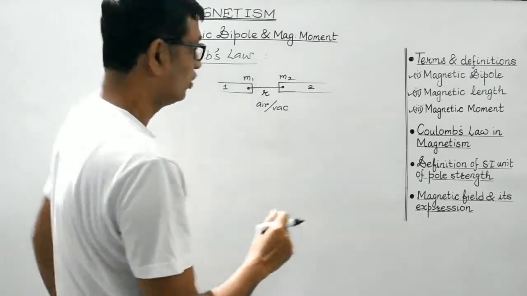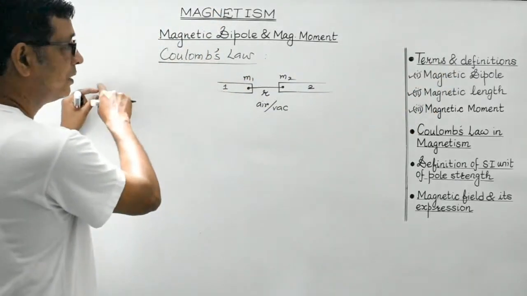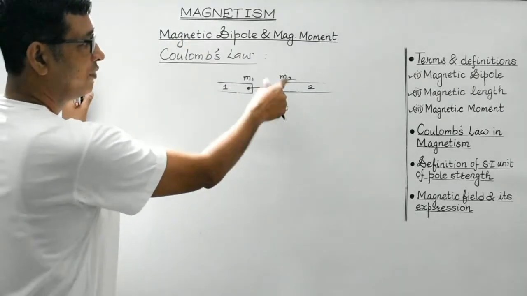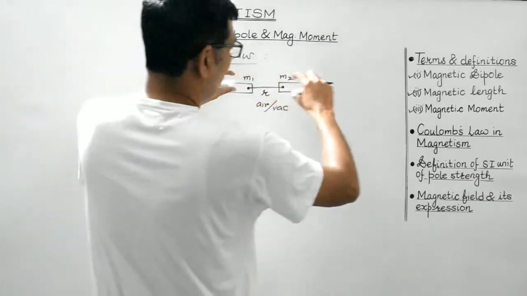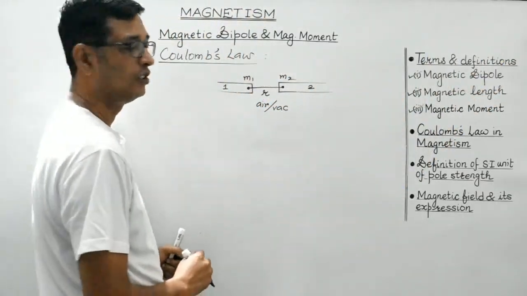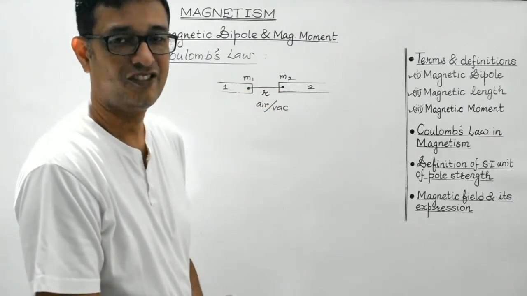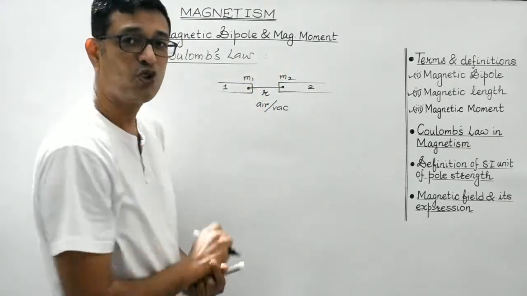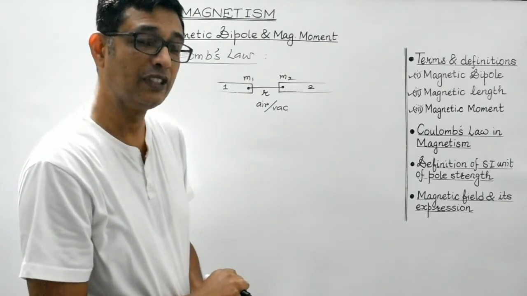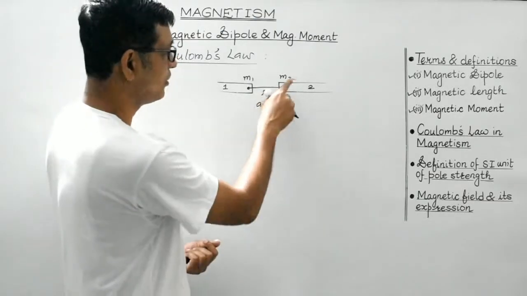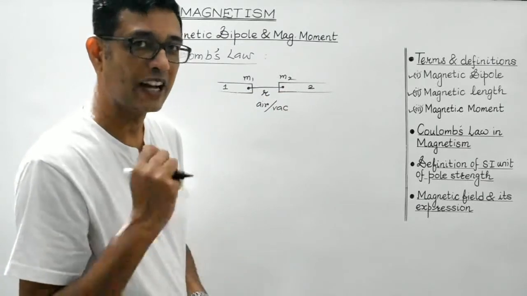Clear, students? We have considered these to be long magnets because the other pole of each magnet will have no effect on this pole. So that's why we have considered long magnets, so that only the force between these 2 poles can be studied, right? So M1, M2 are the pole strengths of the 2 poles of 2 different magnets, and the separation between them is r, and between them it is air or vacuum.